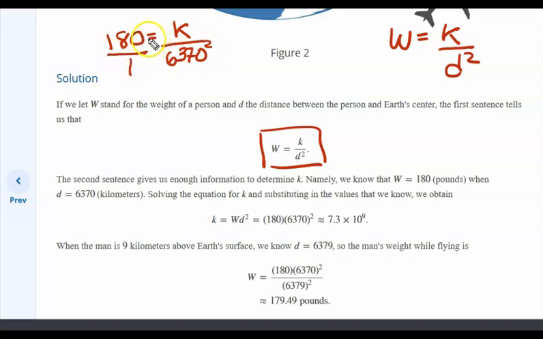Well, we can just use that cross multiplication technique, where when you have a fraction equal to a fraction, sort of a proportion, just cross multiply. So k, I'll put the k on this side, equals 180 times 63070 squared. And that's what they're getting here.